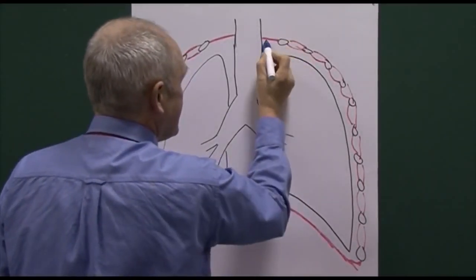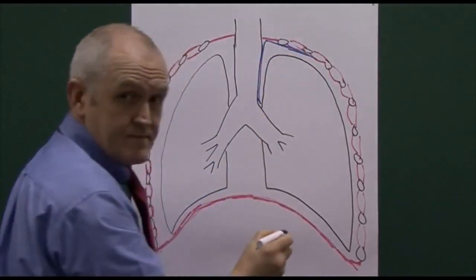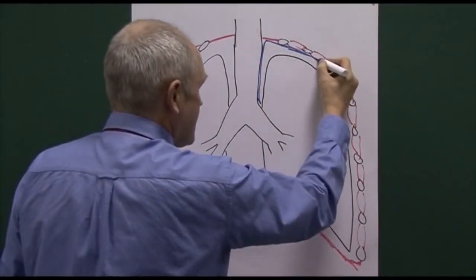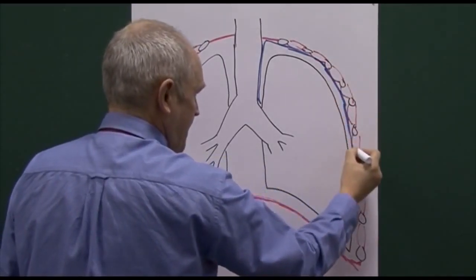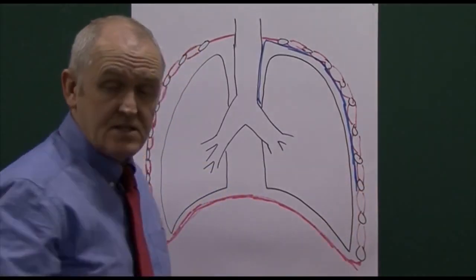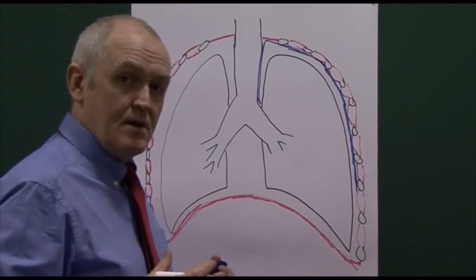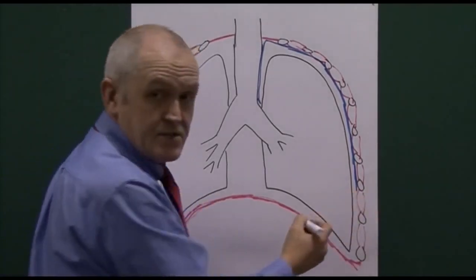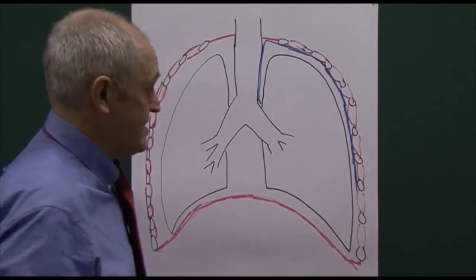Now this is the parietal pleural membrane that I'm now drawing. It goes around the inside of the thoracic cavity. So if you open the chest, take out the lungs, you'll see this glistening smooth parietal pleural membrane lining the inside of the thoracic cavity.